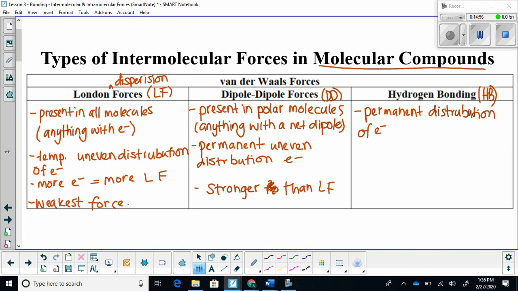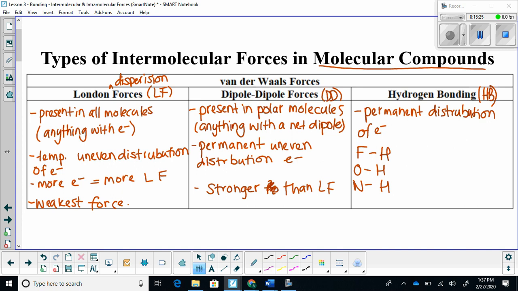If there is a bond directly between fluorine and hydrogen, that is considered hydrogen bonding. If there is a bond between oxygen and hydrogen, that is considered hydrogen bonding. And the last one, nitrogen and hydrogen. That is the requirement for hydrogen bonding to happen. If it is not directly connected to that hydrogen, it's not considered hydrogen bonding.